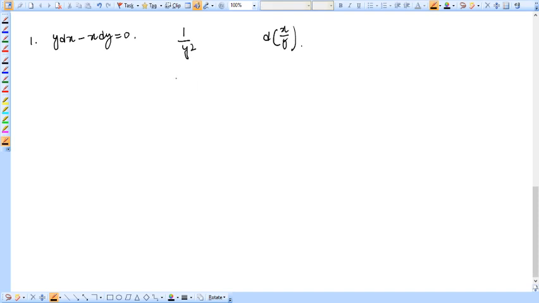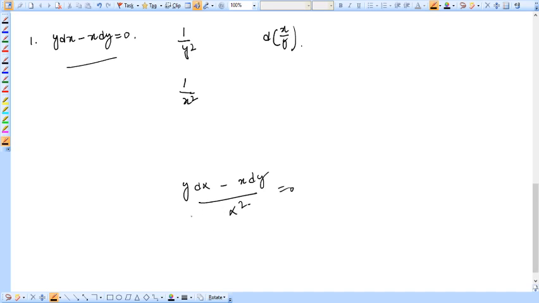Also, as I told you earlier, 1 by x square could also be an integrating factor of this equation. See how? We know this equation is not exact. So if I multiply this equation by this integrating factor, it becomes y dx minus x dy over x square equal to 0.